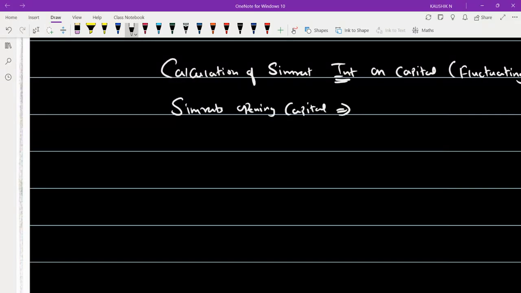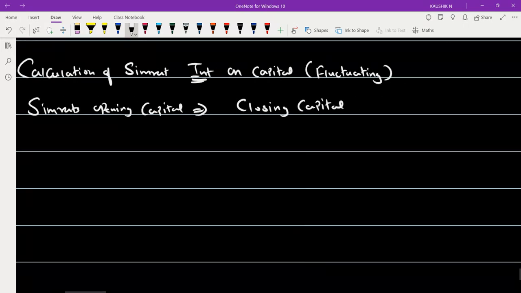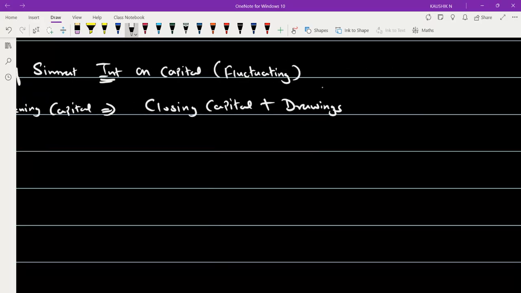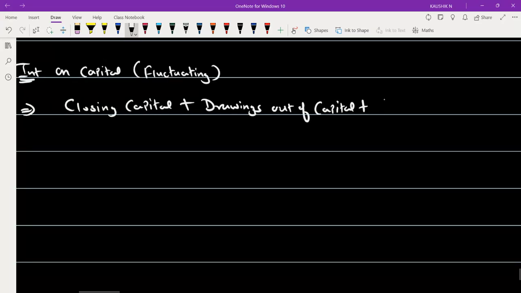How to find out? Very simple. Closing capital will be taken as a base item. To this, you need to add the drawings. When I say drawings, here both the drawings should be added. Drawings out of capital and drawings out of profits.